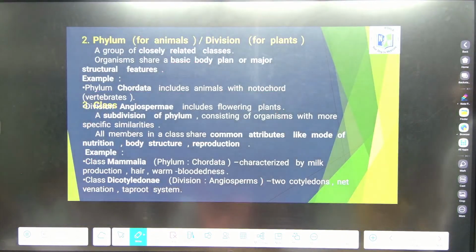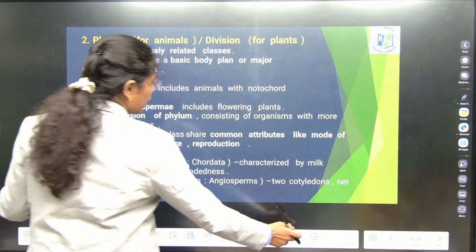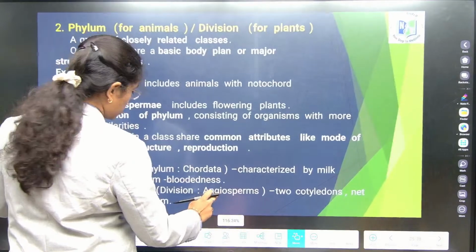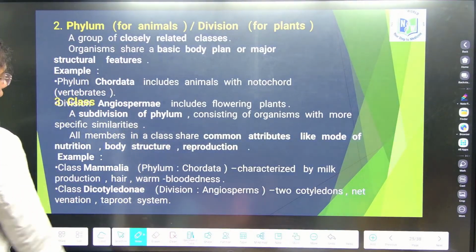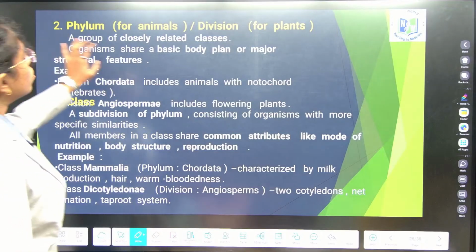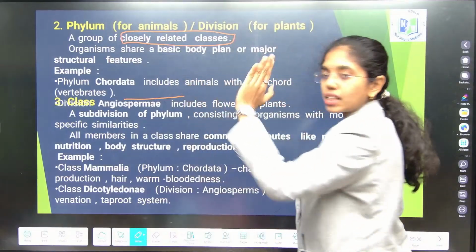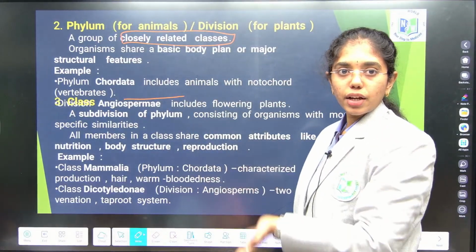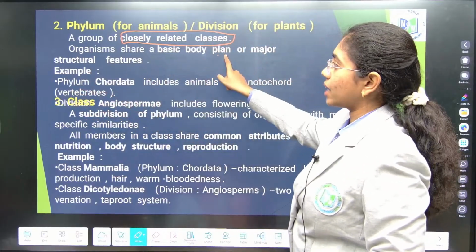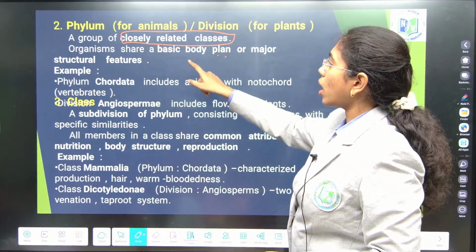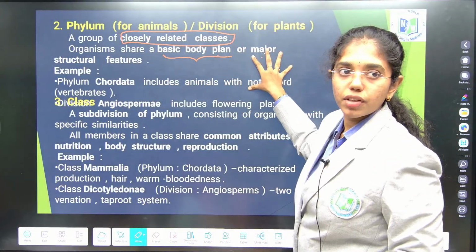Next category after kingdom is what? Phylum. Phylum is used for animals. Division is used for plants. So phylum includes a group of closely related classes. Class is the next category. The organisms share a basic body plan, the major structural features.